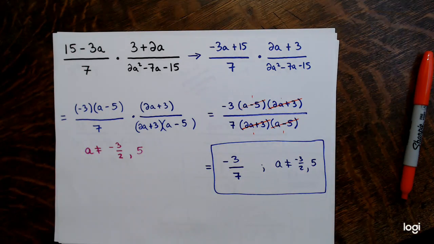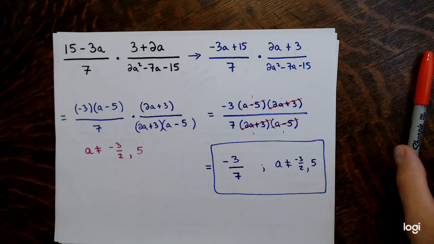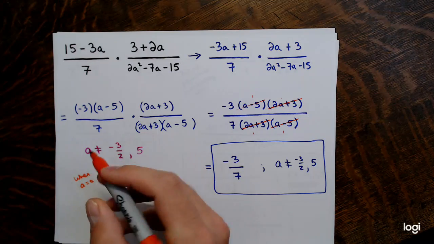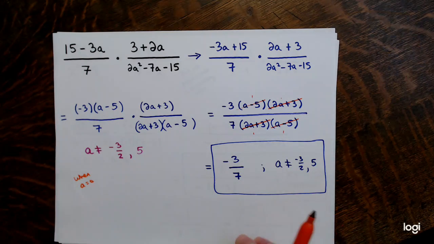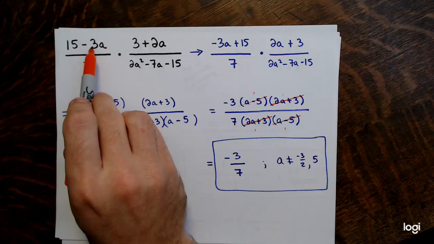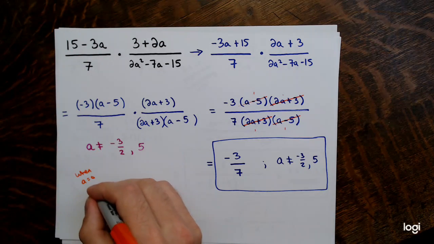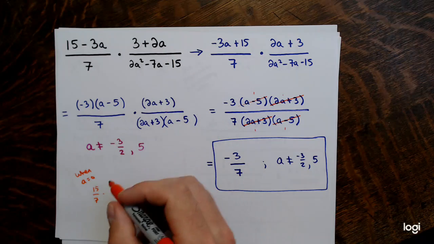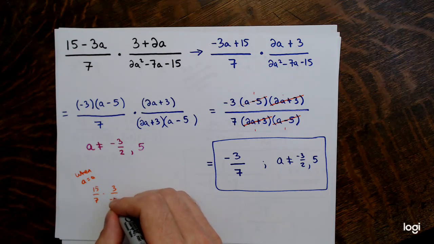And let's check that. A real quick one here would be to check when a is 0. Right, when a is 0, I'll even write this one this time, which is not negative 3 halves or 5, so I'm okay. That first fraction up here would be 15/7 times, and then this one would just be 3 over negative 15.